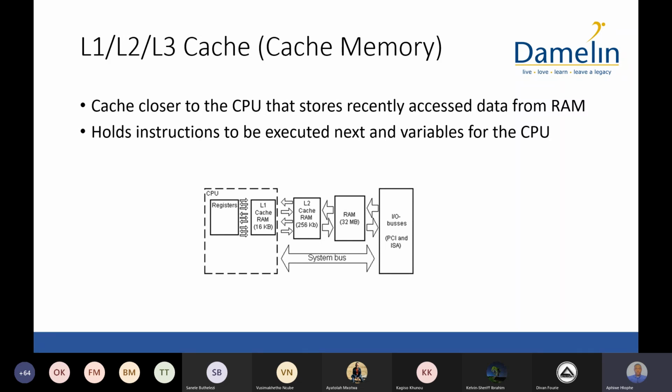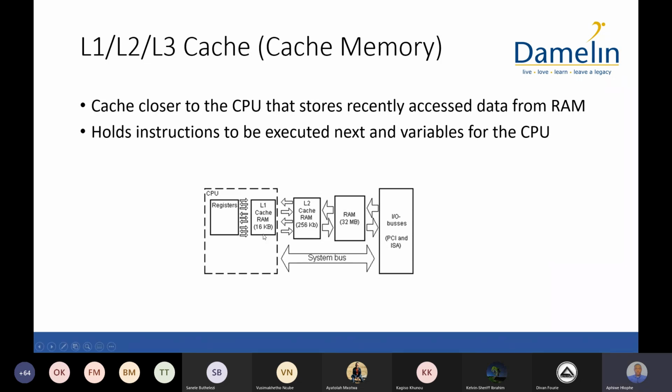So a CPU normally has by default a level 1 cache, which is the smallest type of cache, but is also the fastest. Most modern CPUs by default have a level 1 cache. The level 1 cache is inside the CPU along with the registers, the ALU, and the control unit.